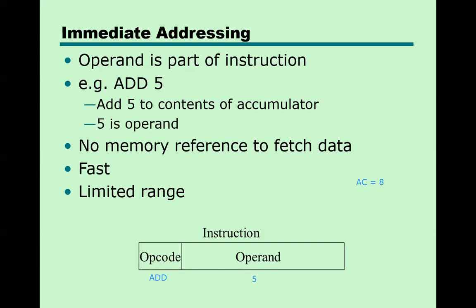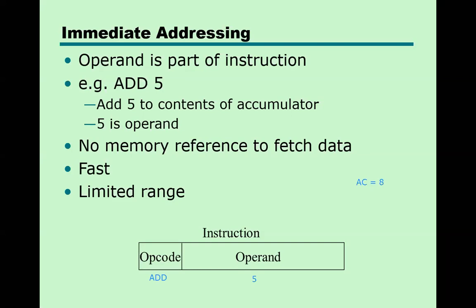But what is the disadvantage? The disadvantage is that the size of the number is restricted to the size of the address field. We can say the limited range.